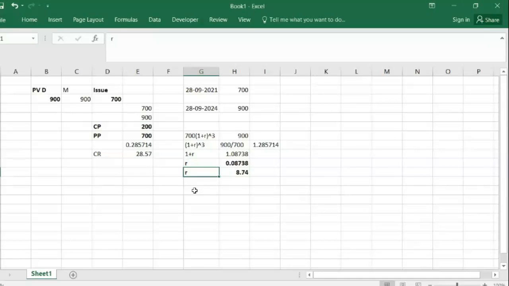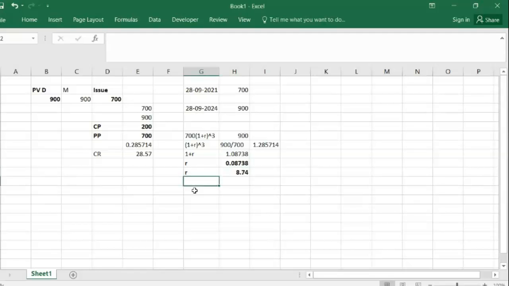If you take the cube root, you get 1.0838. So 1 plus r is equal to 1.0838. Hence r is equal to that minus 1, and you get the value 0.087. It means 8.74% is the coupon rate.